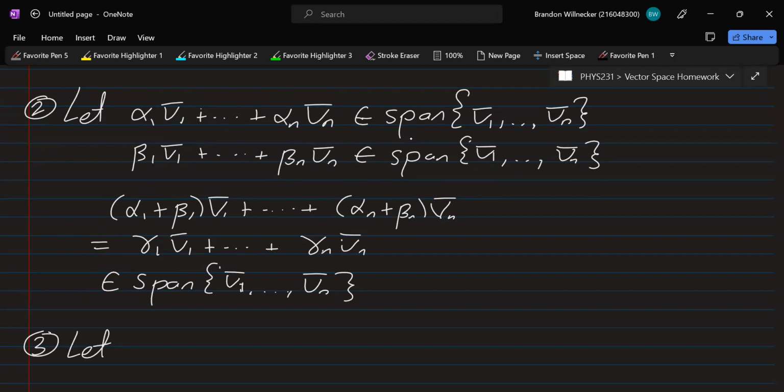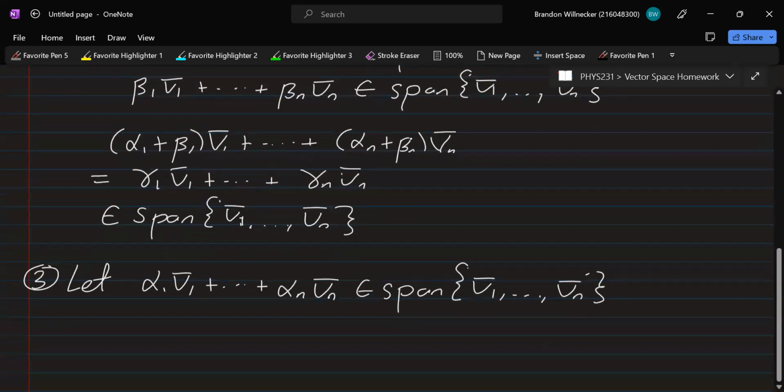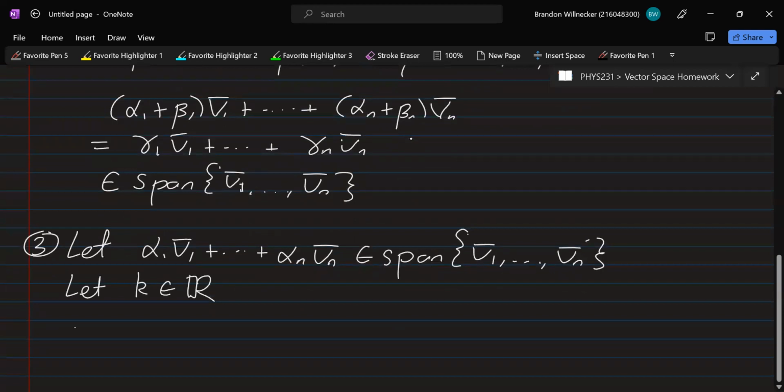Okay, number 3, is it closed under scalar multiplication? Let's see. Let alpha 1 v1 plus ... plus alpha n vn be my chosen linear combination from the span. And let k be some scalar. Okay, so if I multiply k into this, I'm going to get k times (alpha 1 v1 plus ... plus alpha n vn).